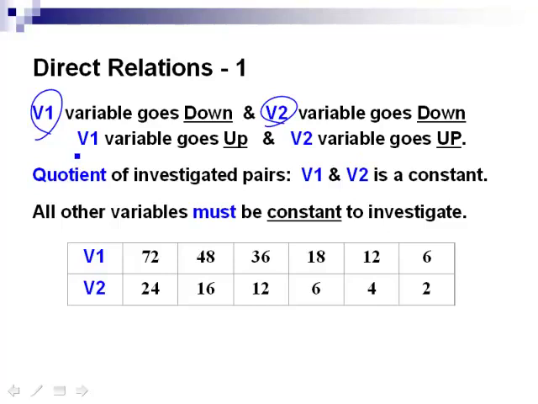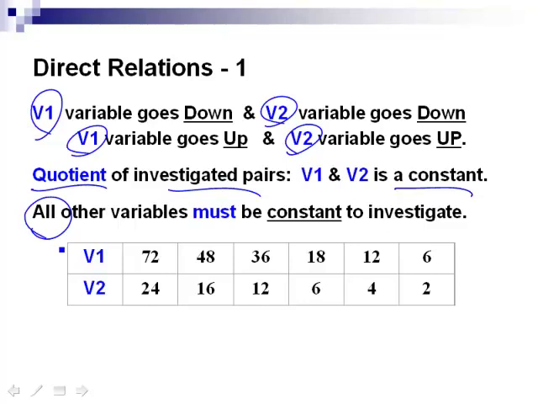If in another case variable 1 goes up and variable 2 goes up consistently, then it's likely they are directly related. Now, one other criterion is that the quotient of the investigated pairs is a constant. We're assuming that we can always keep all other variables constant. That means we couldn't have a true investigation if we have a third variable affecting 1 or 2, and we don't want that to happen.